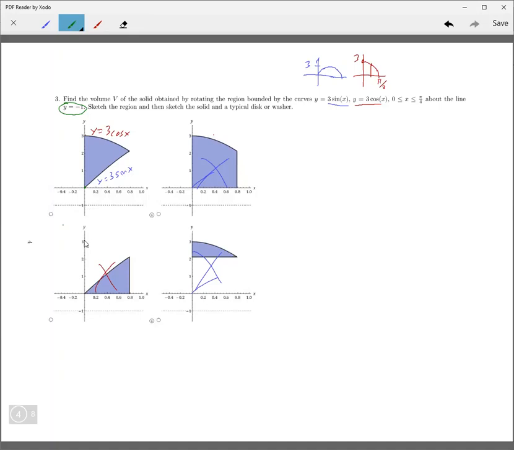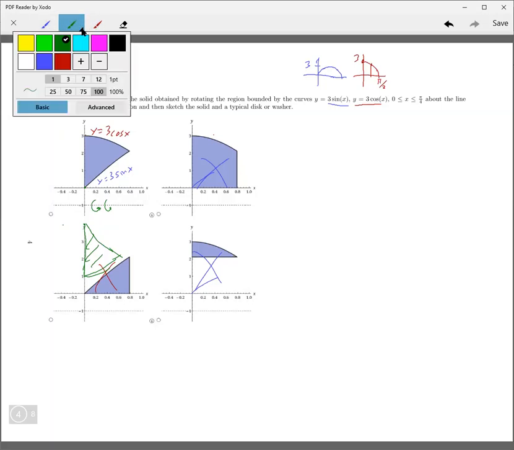Basically, what's going to happen is starting from here, it's going to go 3 units down to there, and be like that. All of that is going to rotate around here, so the reflection is going to look like that. It's actually going to be some object with a hole in the middle.